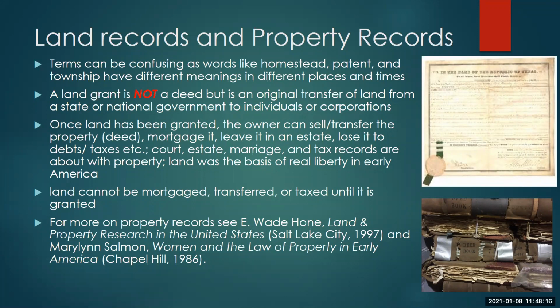In federal land records, a land grant is called a patent. It's called a patent to the land. And I'm sure there's a complicated explanation for that that we're not going to get into today. But understand that a land grant is when a state or national government gives land to an individual or a corporation for the first time. That is, the land has been given for the first time.